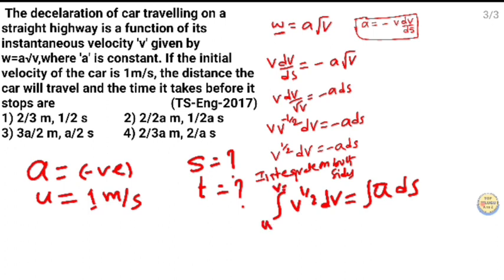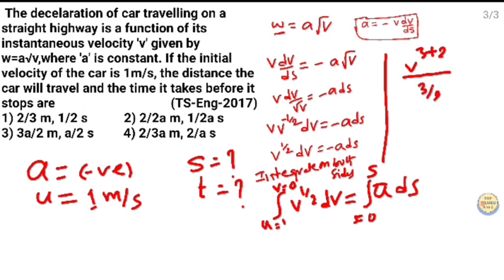So final velocity is 0, initial velocity is 1. So initial position is s is equal to 0, and final position is s. So integration v power 1 by 2, so v power 1 by 2 plus 1, v power 3 by 2 by 3 by 2, since 1 plus 1 by 2 is 3 by 2.